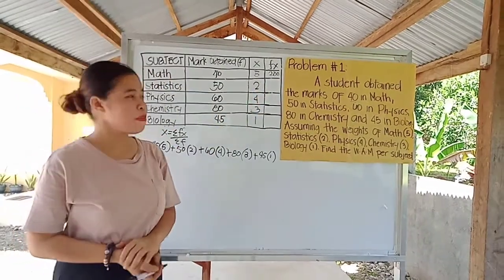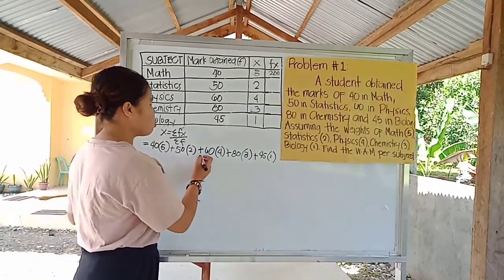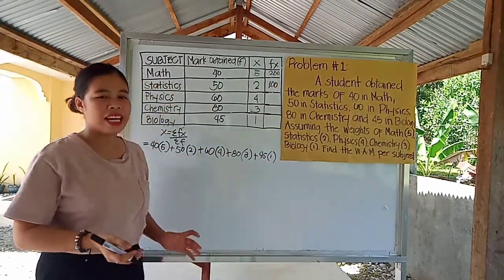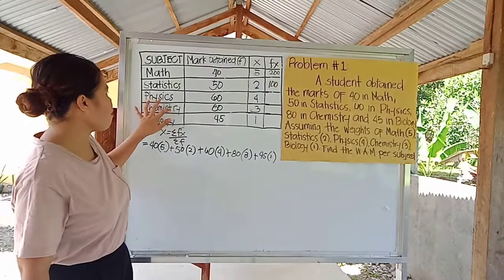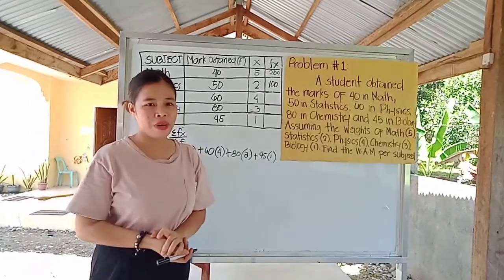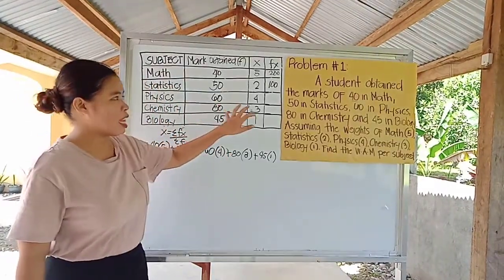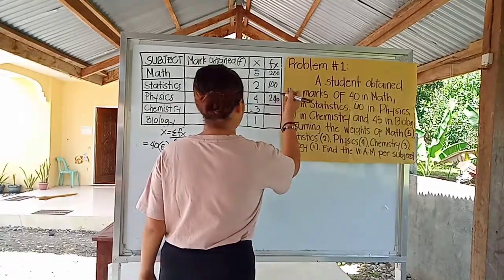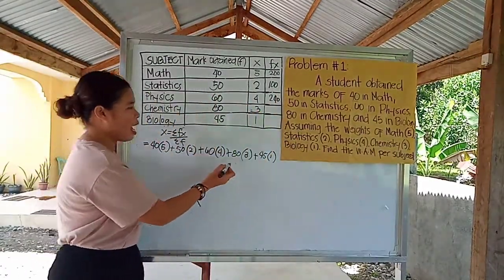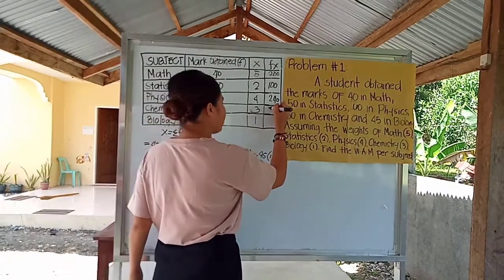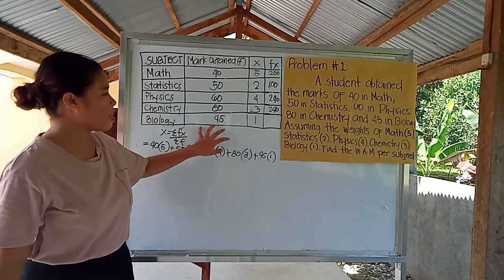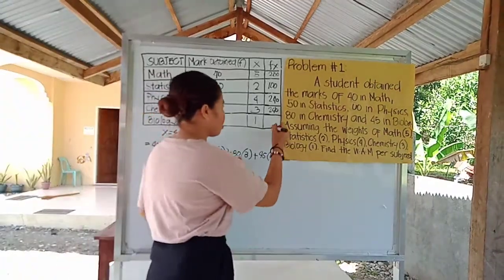The next step is 50 times 2 is equal to 100. Next is the fx of physics: 60 times 4 is equal to 240. In chemistry, 80 times 3 is equal to 240. And the last one is 45 times 1 is equal to 45.